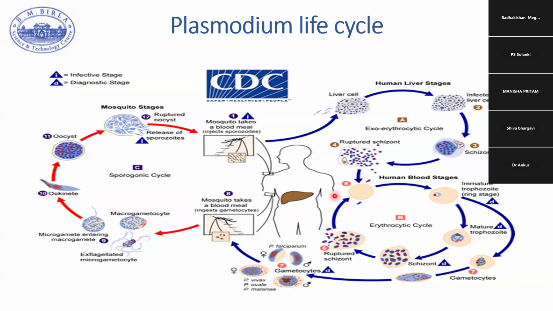Because it has two different hosts, it's very complicated. But if you're studying only a single host, like with Zika virus or any other virus, where there is only a human host, you still have to identify what kind of pathophysiology is going on in that specific pathogen.